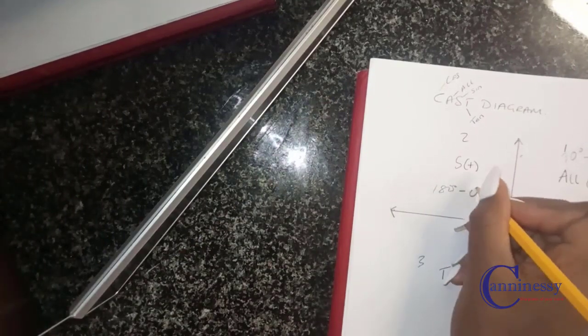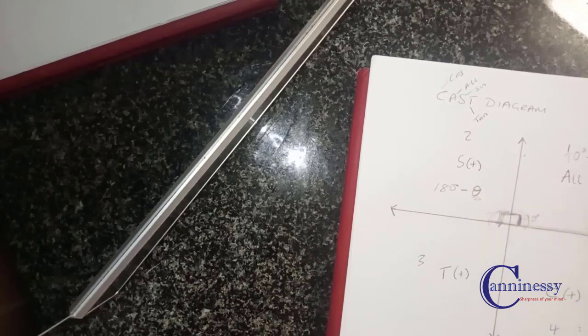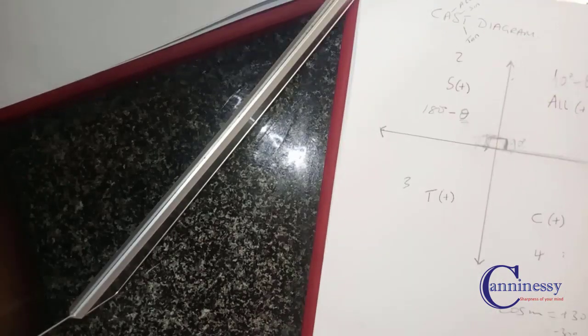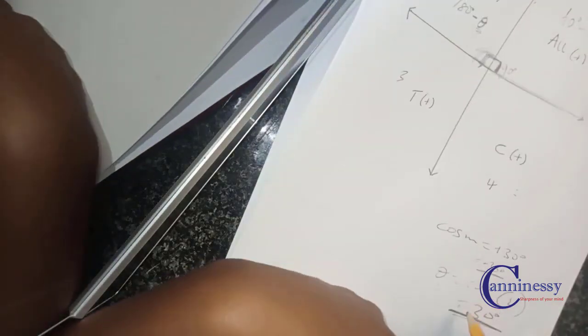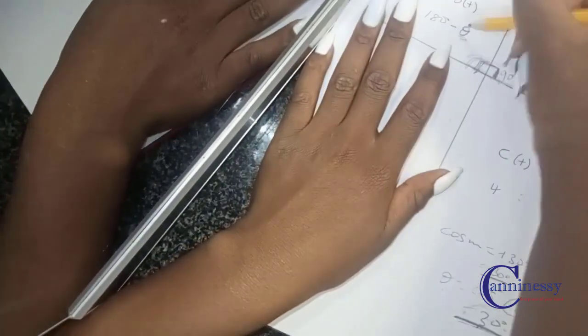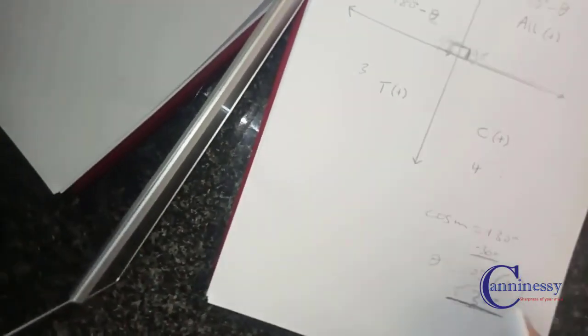So you will say 180 minus theta. Meaning this theta is still your reference angle that you calculated. If you said cos or whatever, this is the reference angle, and you use it on these quadrants to see what the actual angle is.